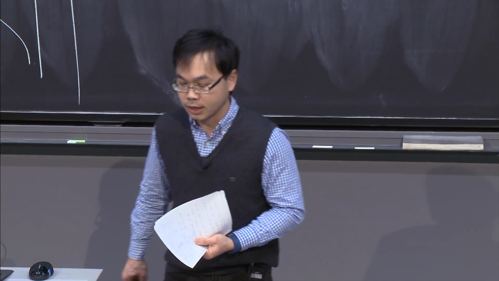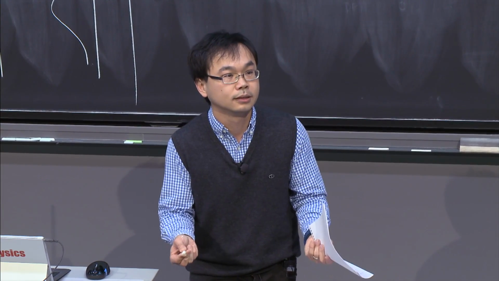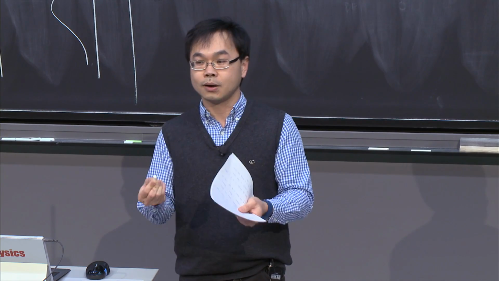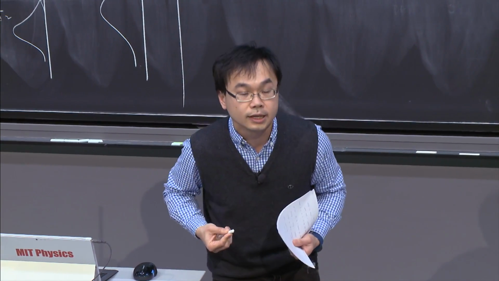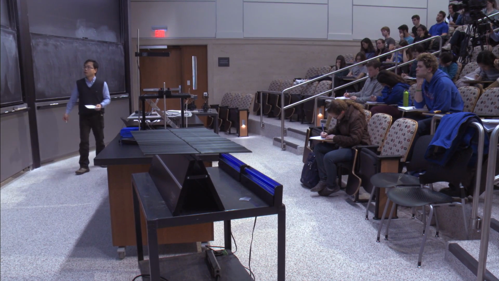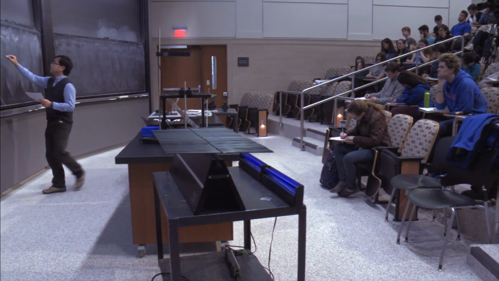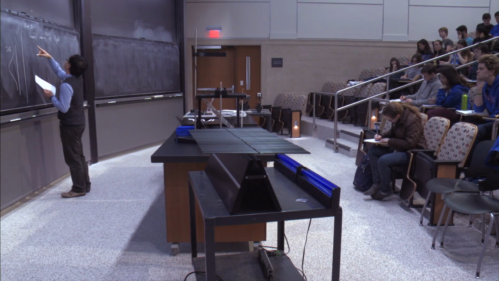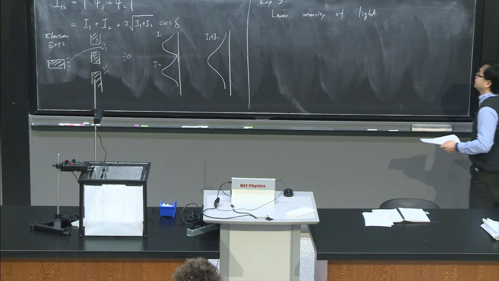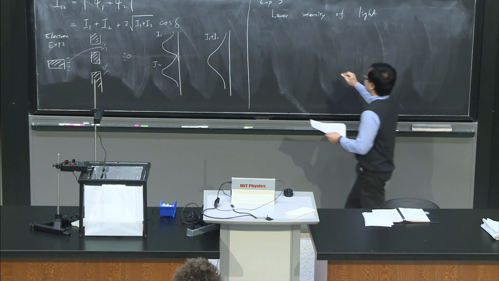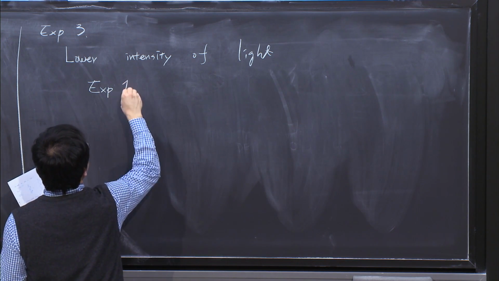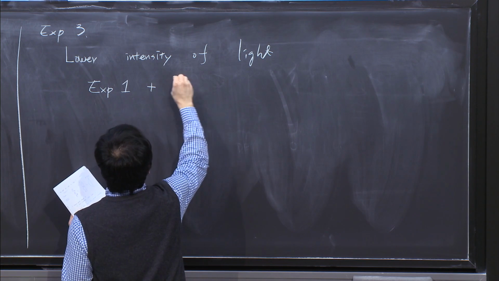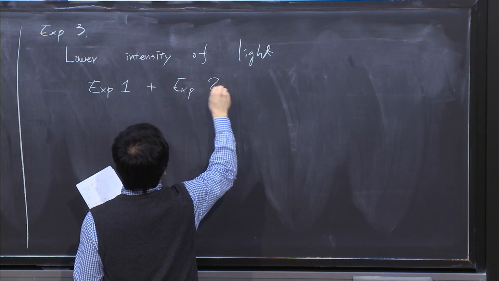Sometimes the electrons are lucky. They pass through without getting hit by a photon. Therefore, you cannot know which slit this electron went through. Therefore, if I just lower the intensity of the light source, what I'm going to get is a mixture of experimental result number 1 and experimental result number 2.